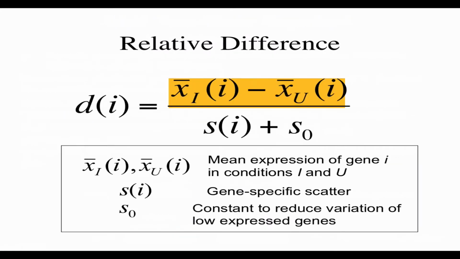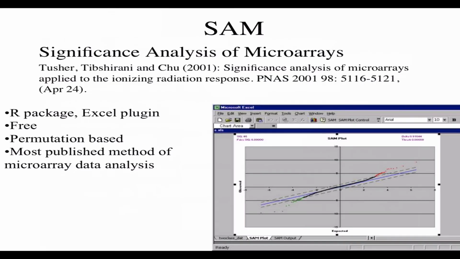And in the software, especially the Excel version, they have this little slider. And what you're sliding is the D, the difference, which is an arbitrary thing. I mean, it's a 2 or a 3 or a 5. But when you slide it a given amount, it tells you what the FDR would be. It tells you the number of significant genes at that level and how many false discoveries there are.